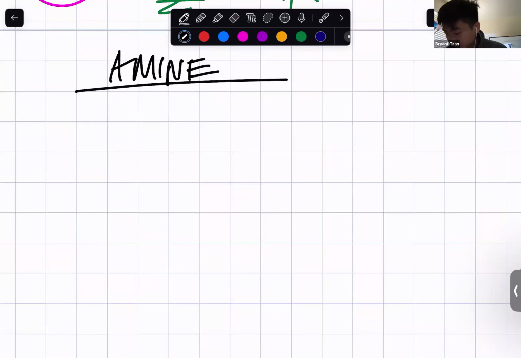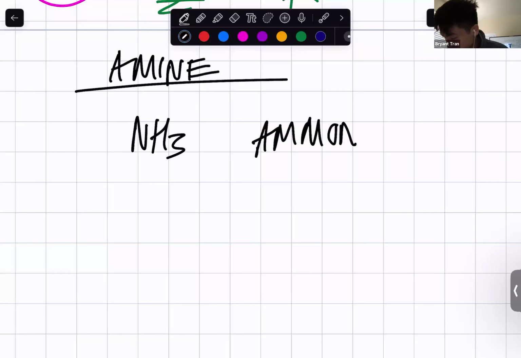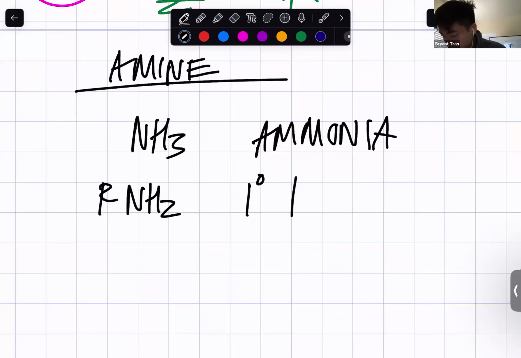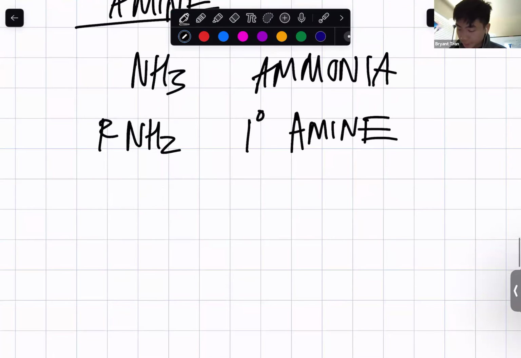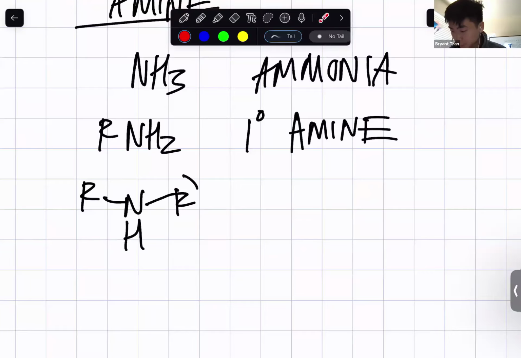There's NH3, which is ammonia. There's RNH2, like the one that you sent, which is a primary amine, meaning that it's attached to one other carbon group or hydrocarbon group. There's R2NH, where the two R groups could be different or the same, making that a secondary amine.